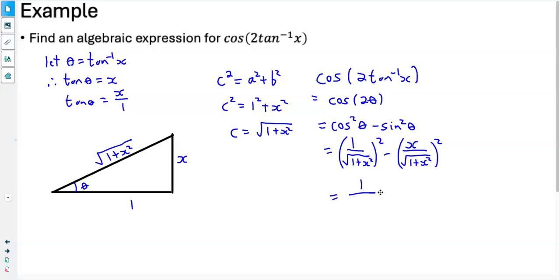So that gives us 1 over 1 plus x squared minus x squared over 1 plus x squared. We've got the same denominator, so we can combine these. So this is 1 minus x squared over 1 plus x squared. And this would be our answer.